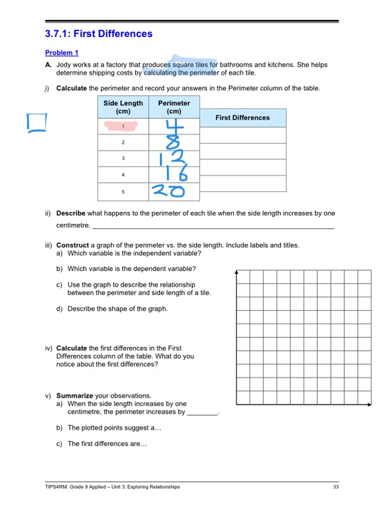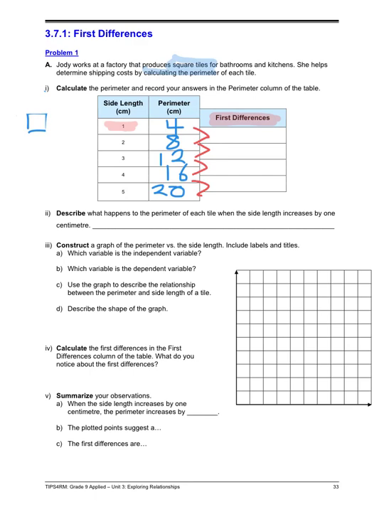Now that we've completed our table of values, we're going to look at our first differences, the major topic for today's lesson. When we take our first differences, we're going to find a relationship that exists between each pair of our dependent variable.